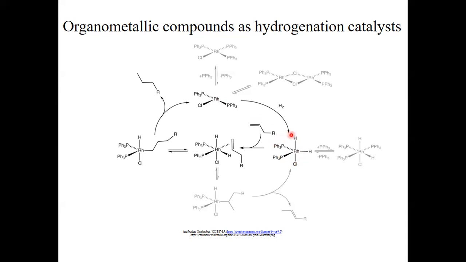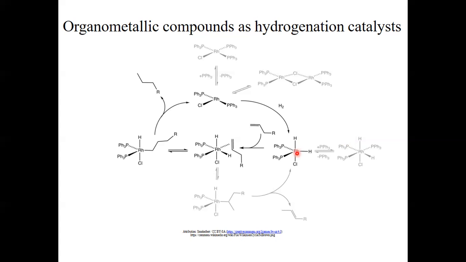So this is a trigonal bipyramidal complex, and statistically this complex here can add a free triphenylphosphine ligand to make an octahedral complex. So this octahedral complex is in equilibrium with this trigonal bipyramidal complex, whereby the octahedral complex is not catalytically active. Only this species here with the coordination number 5 can undergo further reactions.